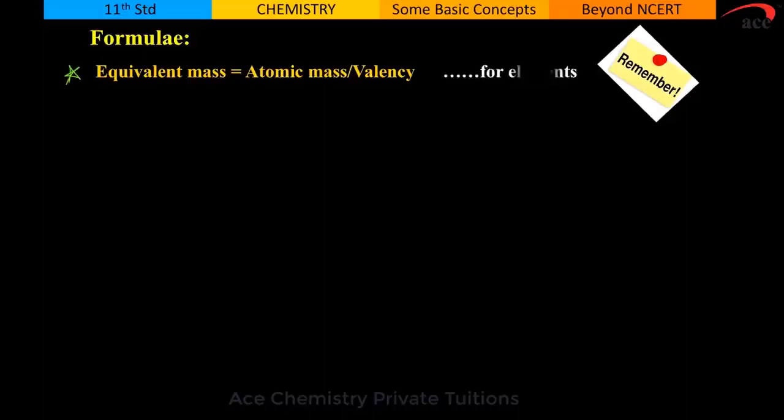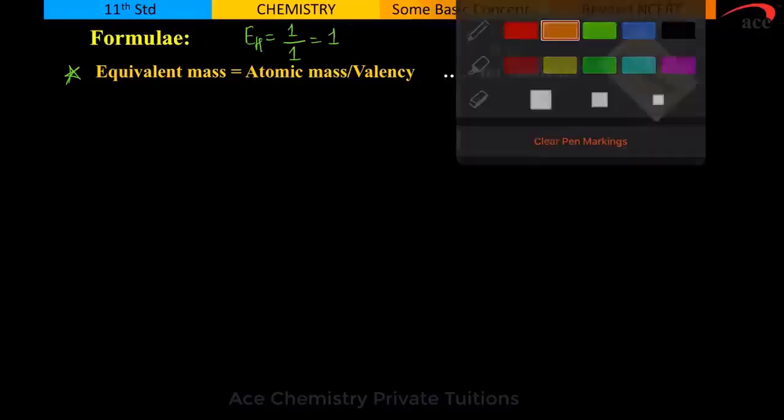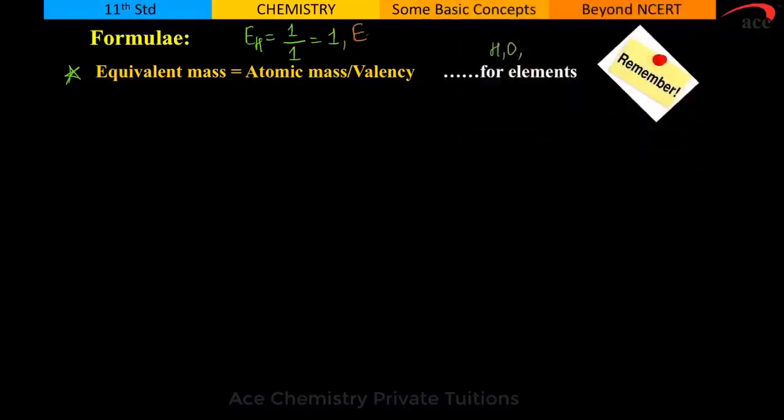Yes, we have converted them into a mathematical formula where equivalent mass is atomic mass by valency for elements like hydrogen, oxygen and so on. If you go by that, then what is the equivalent mass of hydrogen? Atomic mass 1, valency of hydrogen is 1, that is 1. So, that was there in the definition of equivalent mass.